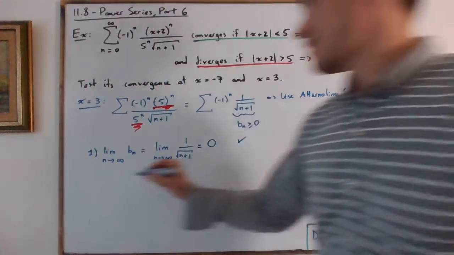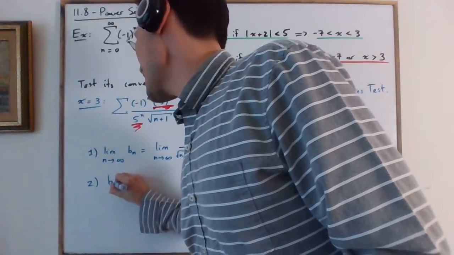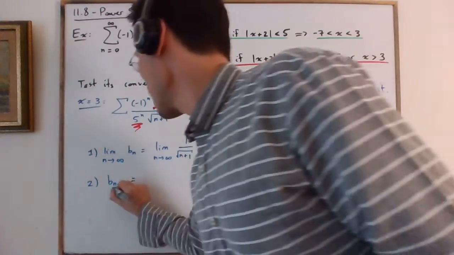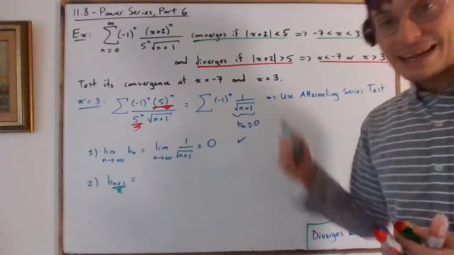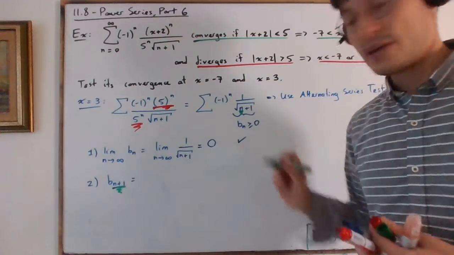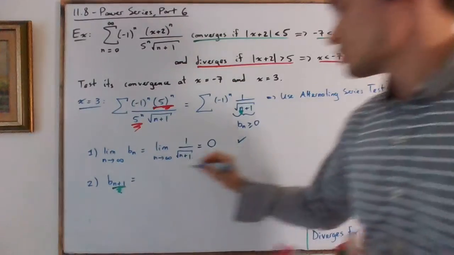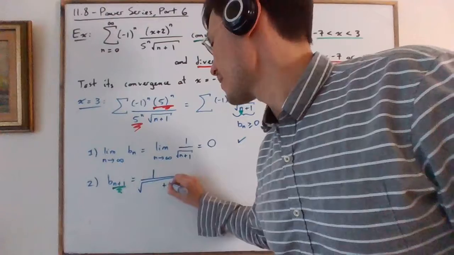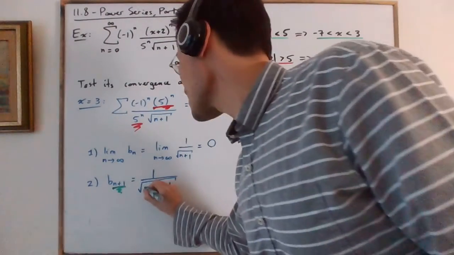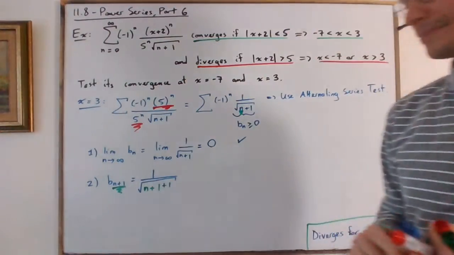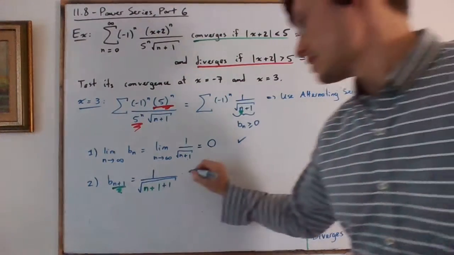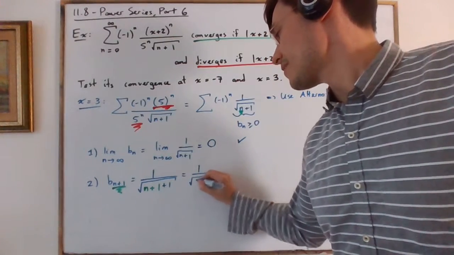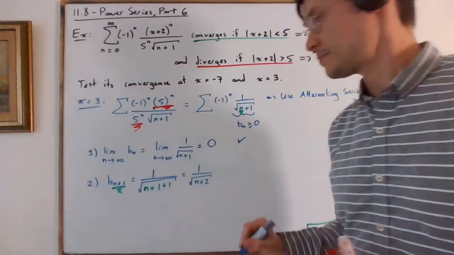And we have to verify that Bn plus 1 is smaller than or equal to Bn. So what is Bn plus 1? You write exactly this, but instead of n, you write n plus 1. So literally speaking, you're going to have 1 over the square root of n plus 1 plus another 1. So it's going to be 1 over the square root of n plus 2.